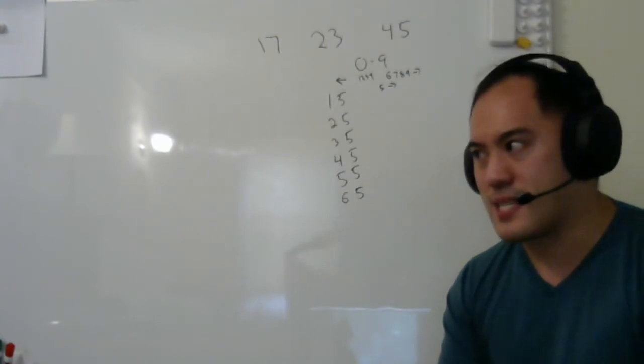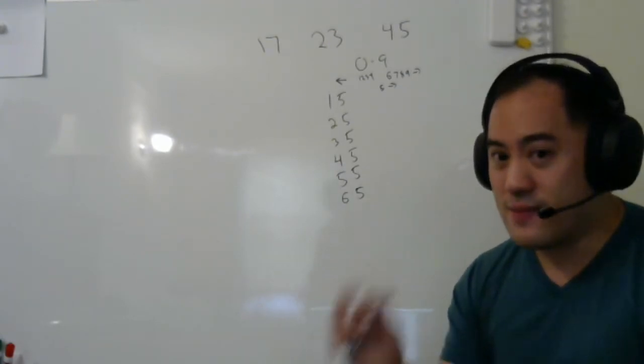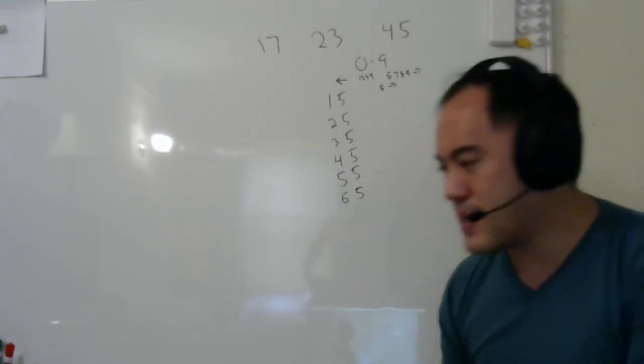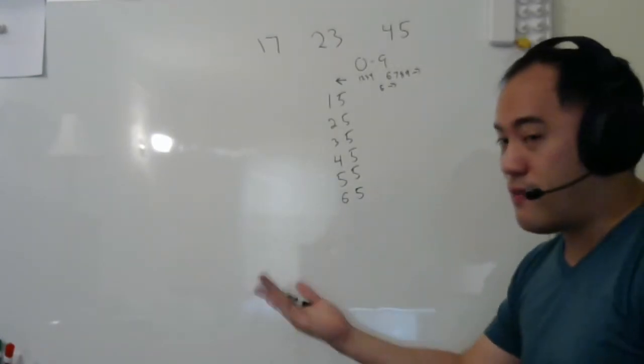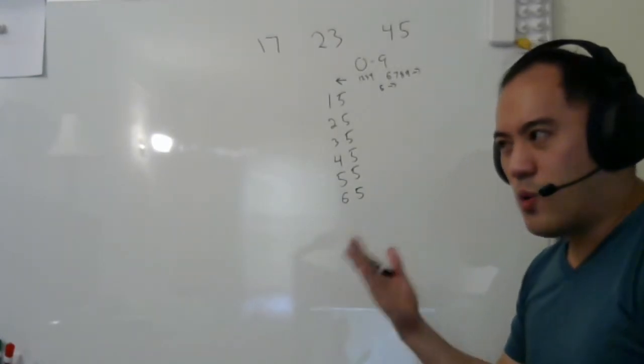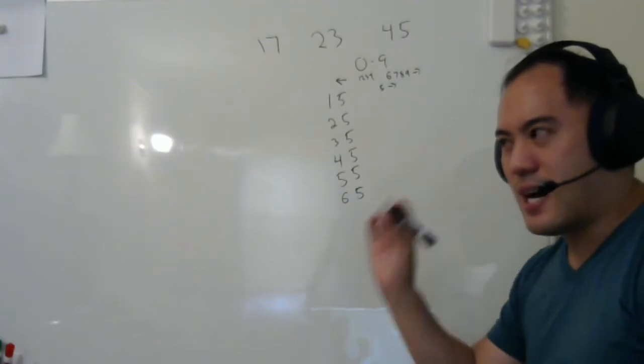It depends on the measurement exactly. I know this is a very contrived example, but it should make sense to you. If you always round 5s up, you're always getting your data a little tiny bit higher than it actually is if you didn't round.